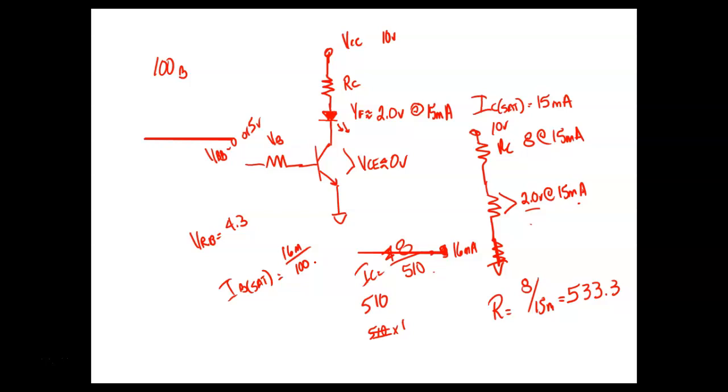Y'all know what this is. We're using IB is equal to IC divided by beta. About 160 micro. Calculated IB sat equals 160 micro. So what size would I use for RB?